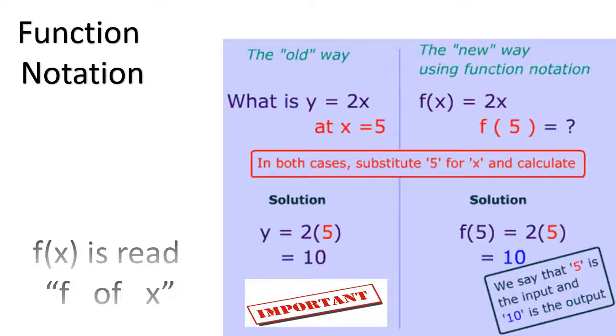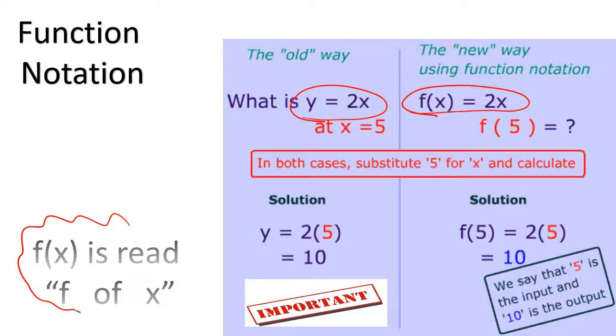The next things to know about functions would be function notation. We are used to saying y equals 2x. Now we're going to say f of x equals 2x. Notice that I read that as f of x. The f is the name of the function. So we can work with various equations at one time.